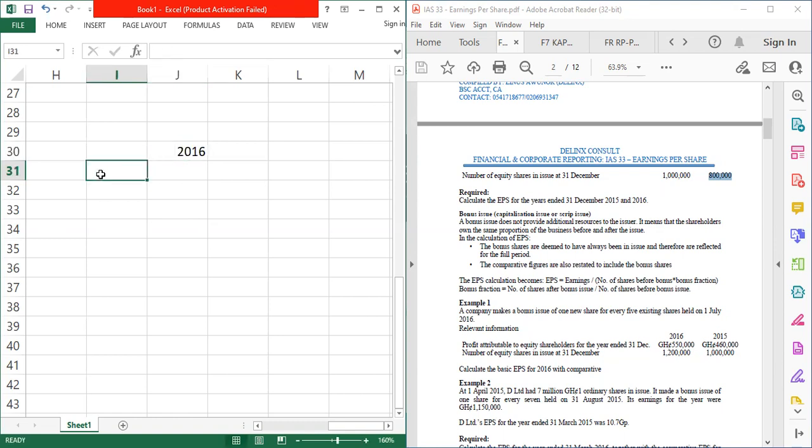So let's calculate our bonus issue now. You bring 5 old shares that you have and count for new. So what we normally do is 1 divided by 5 times the number of shares that you have. So you are bringing 5 of your old shares, and taking 1 new.